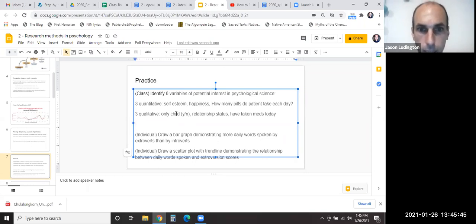Next, draw a bar graph demonstrating more daily words spoken by extroverts than by introverts. And try not to look ahead to the slide that provides the answer. So do it by yourself without looking at the next slide. Draw a bar graph.